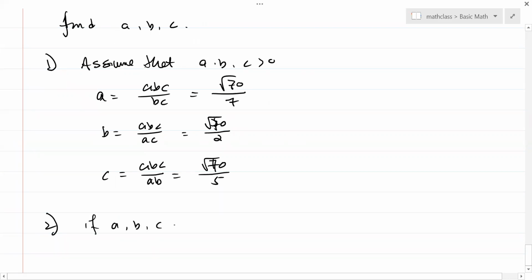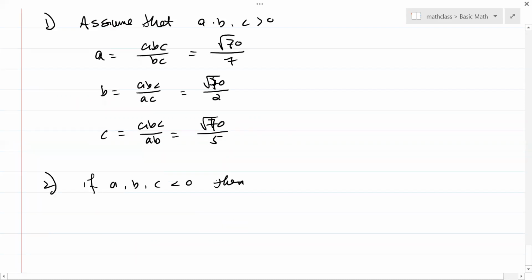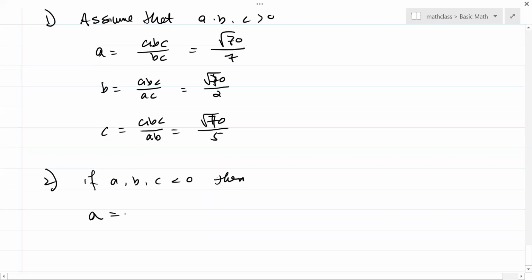If A, B, C are all negative, then A is going to be negative square root of 70 over 7, B is negative square root of 70 over 2, and C is going to be similar.